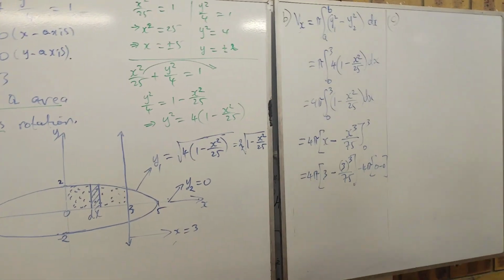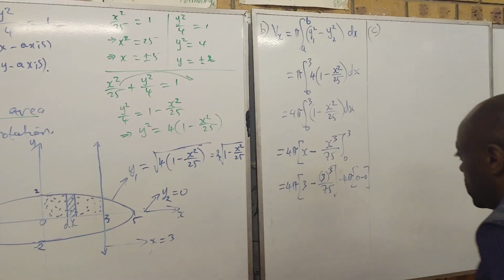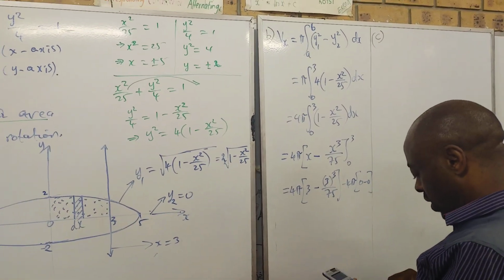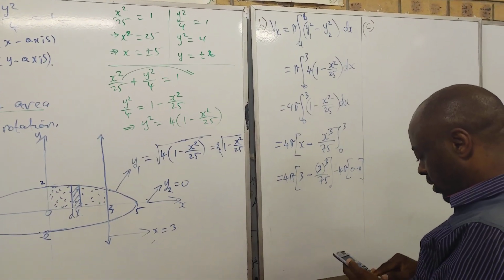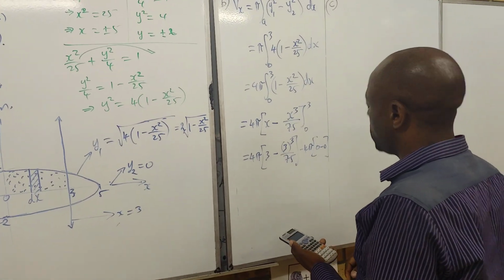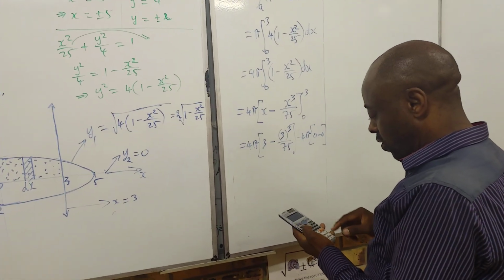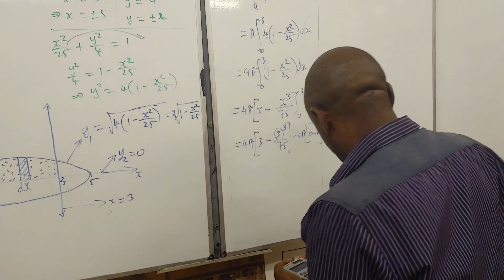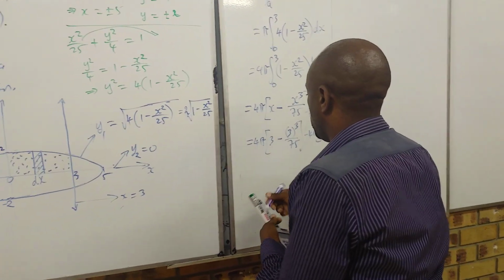So that's my upper limit. What I will simply do is I will take 3 minus 3 cubed. 3 cubed is 27. So I'm taking 3 minus 27 on 75. That gives me 66 on 25. And I'll multiply by 4. So that will leave my answer in terms of pi. It's allowed to leave your answer in terms of pi.